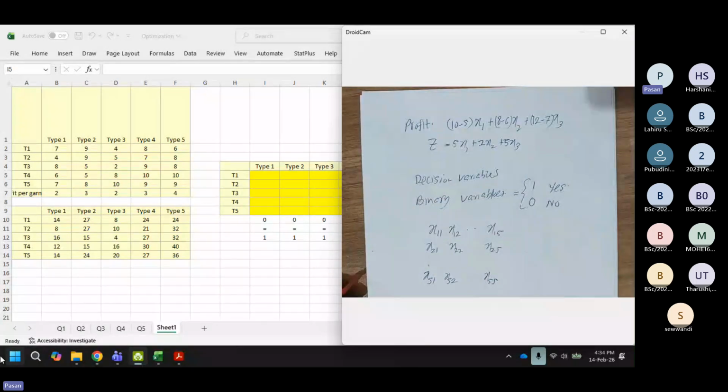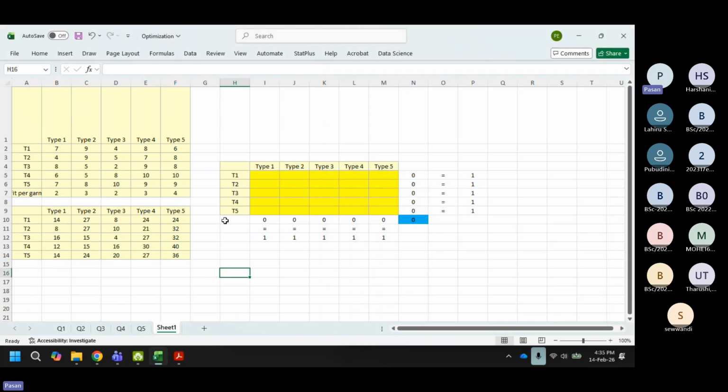So I have a bunch of binary variables defined like that.